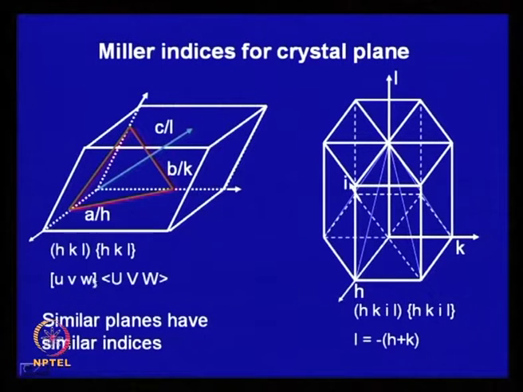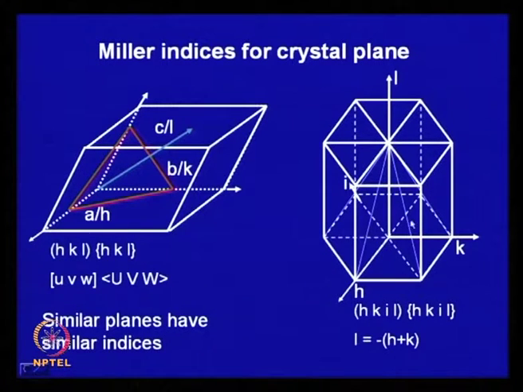Similar directions we represent in terms of angular brackets. And always in a cubic type of system, all similar planes have similar indices.